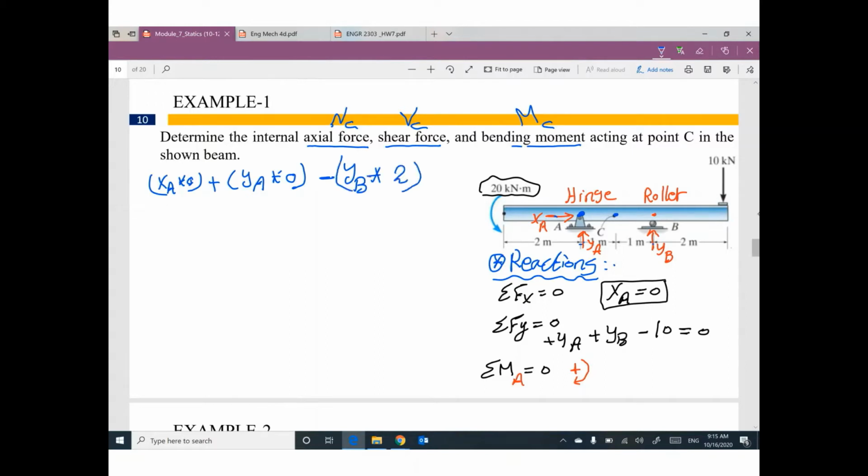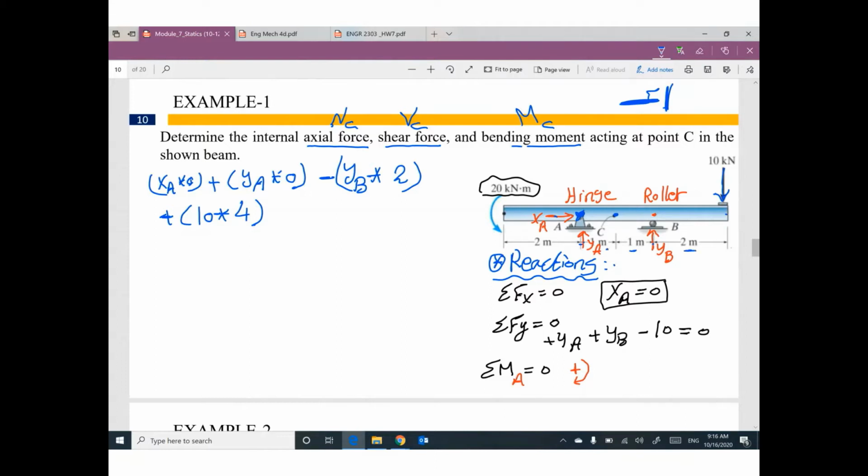And remember, your force and your distance must be perpendicular. What else? We have 10 times what? Times 4. Here is 10, and you are sitting at A, so the distance in between is 2 plus 1 plus 1, 4.